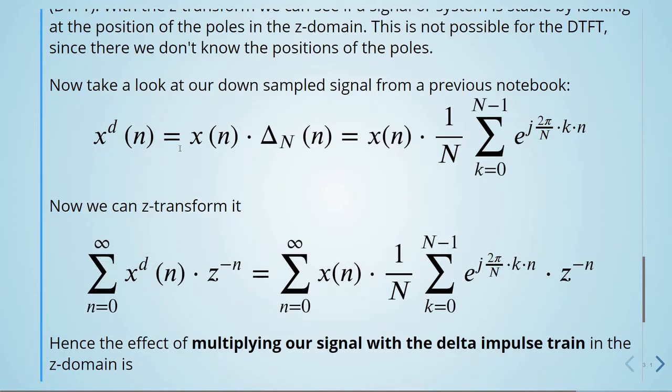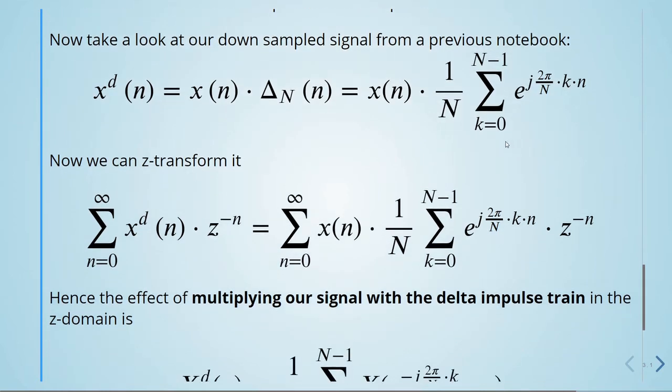When we take a look at our downsampled signal from previous lectures and notebooks, we had our sequence multiplied with the delta impulse train. If we take the z-transform of all of this, we will replace it like this here, and we will get this sum.